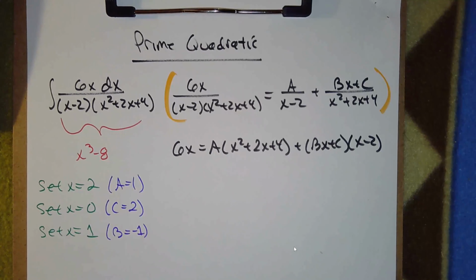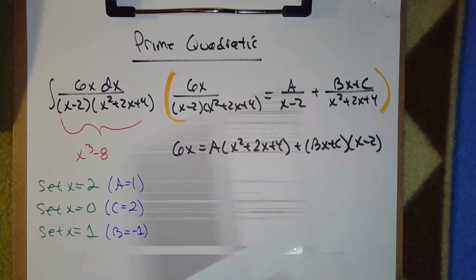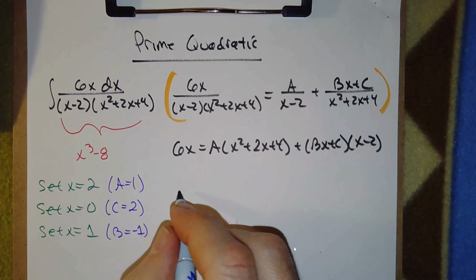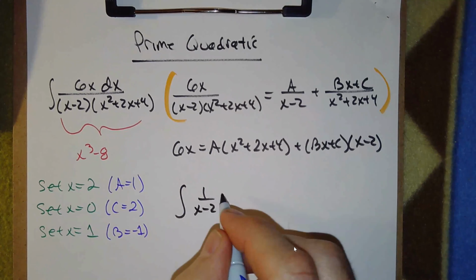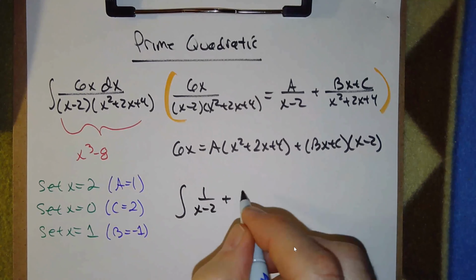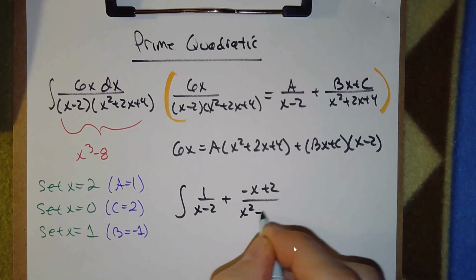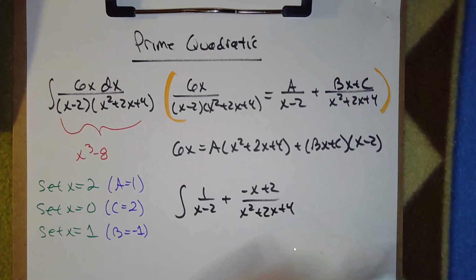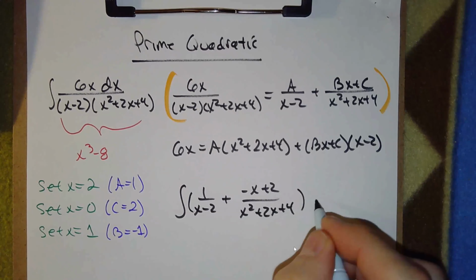So there's a little bit of a trick here in the integration, which is what I want to get to. Let me rewrite the integral using my values for A, B, and C. So it's going to be the integral of 1 over x minus 2, no problem there, plus -x plus 2 over x squared plus 2x plus 4, all dx.